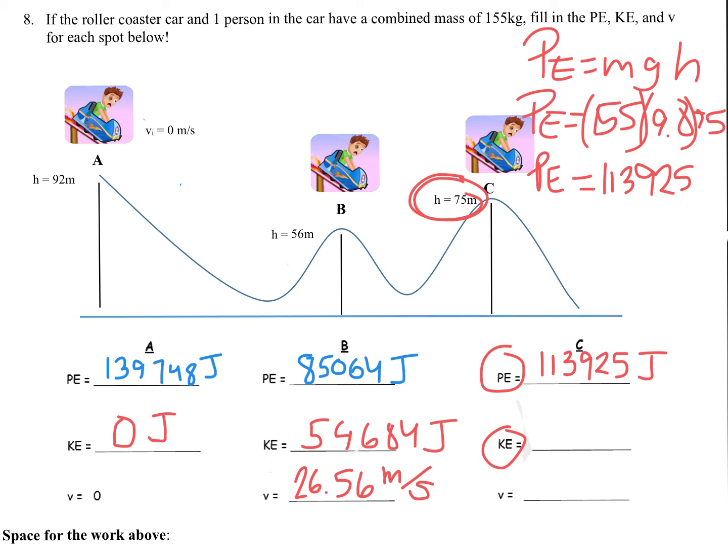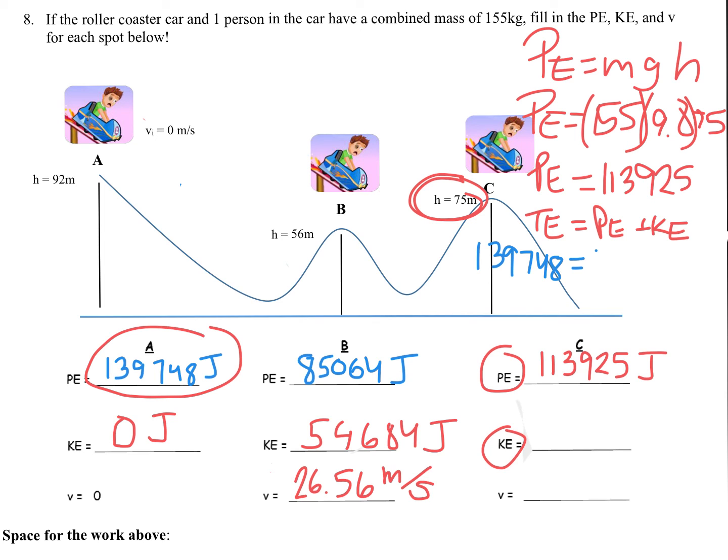Now to get kinetic energy, we're going to do it the same way we did in part B. We know that the total energy is equal to whatever the potential and kinetic energy are added up. As you remember, the starting potential energy really is your total energy of the system. So there's 139,748. When you take the potential energy that we have right now, 113,925, that plus whatever the kinetic energy has to equal the total energy.